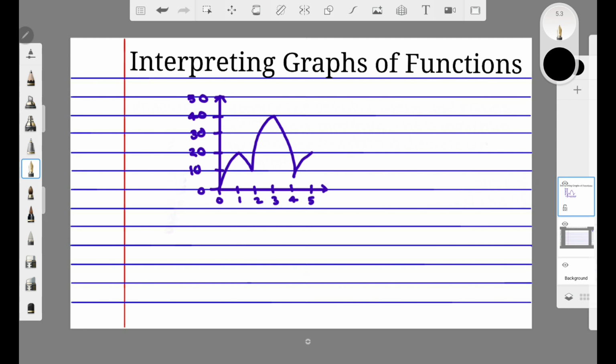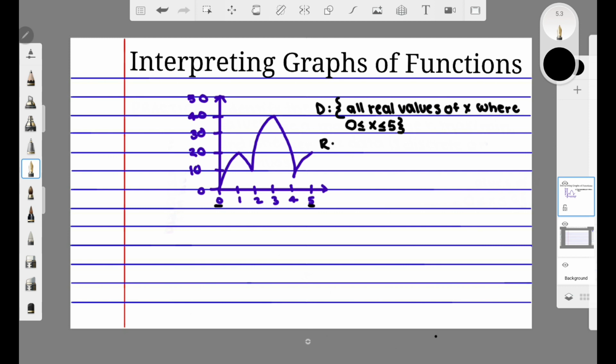Alright, so I'm going to start by identifying the domain and range. Our domain is all real values of x where the domain values go from 0 to 5. So x is greater than or equal to 0, and less than or equal to 5.